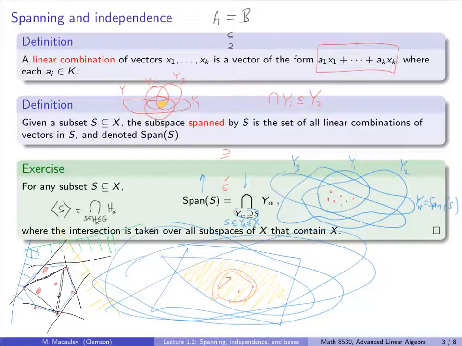So if you take everything that is under this line, to the left of this line, above this line, then instead of points, you just define it as the intersection of infinitely many half spaces. And this works in any number of dimensions.